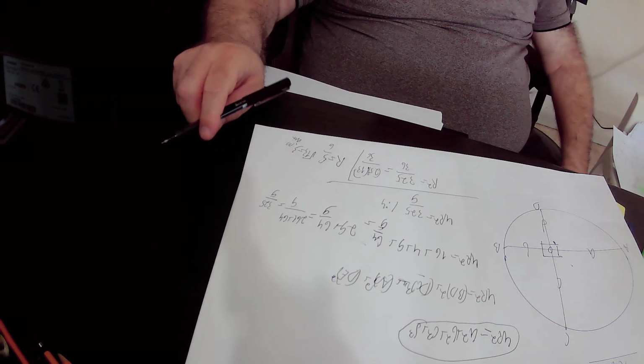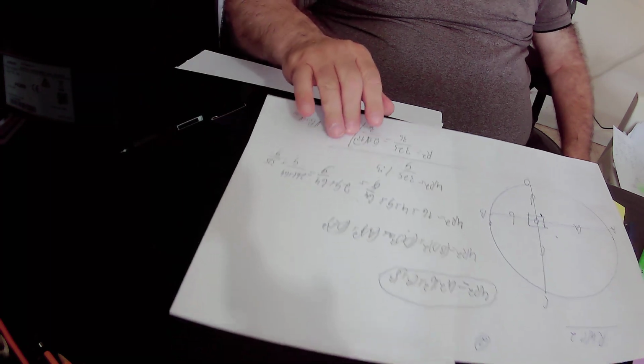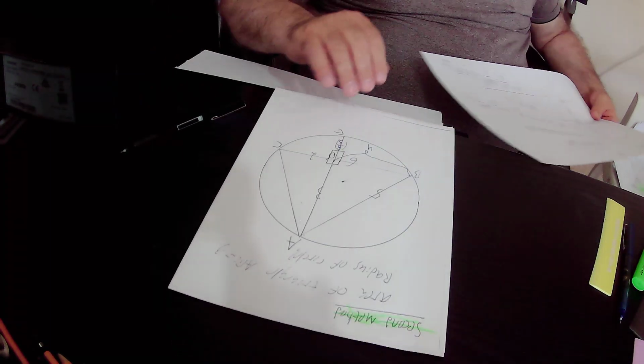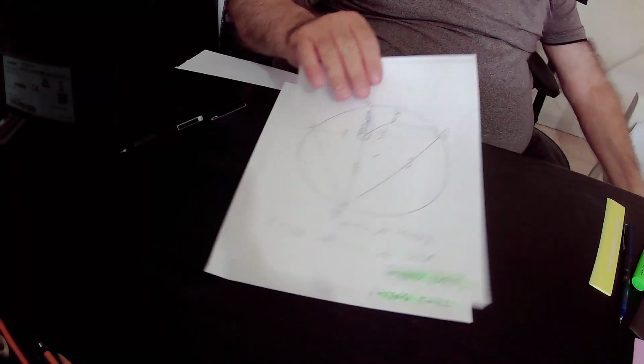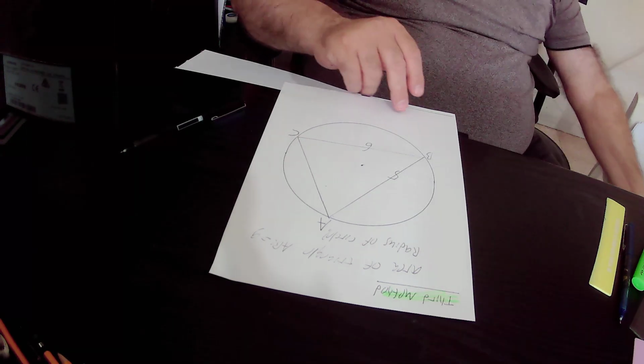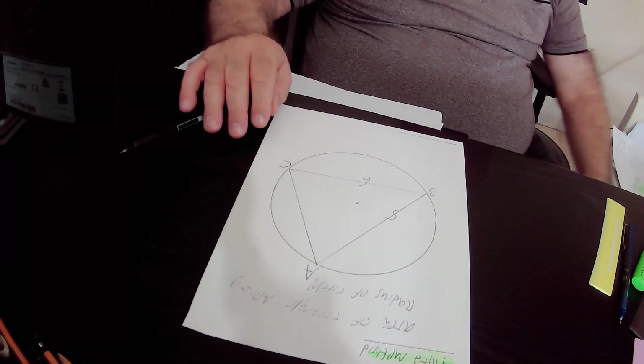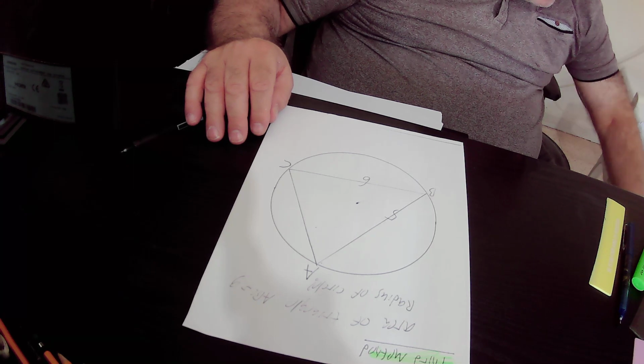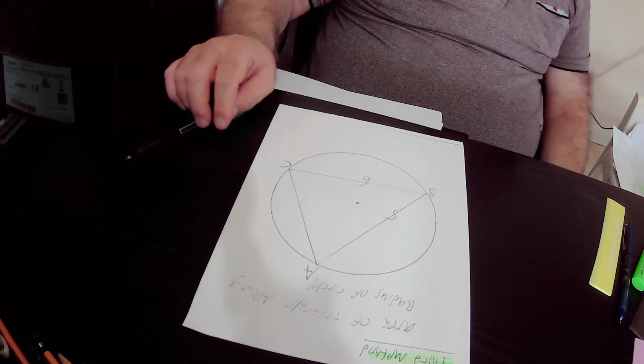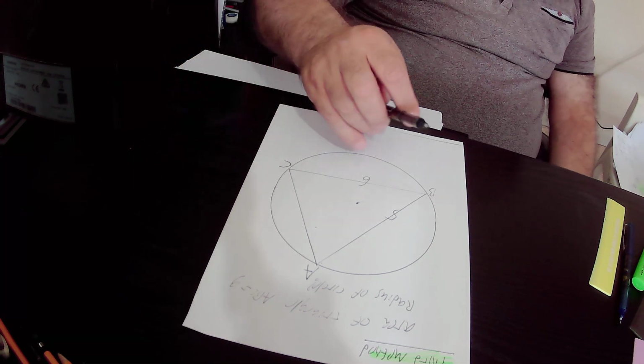So I actually finished with the second method. In the next step I present to you how to find the radius of this circle according to the third method. In this method, we define angle ABC as theta.